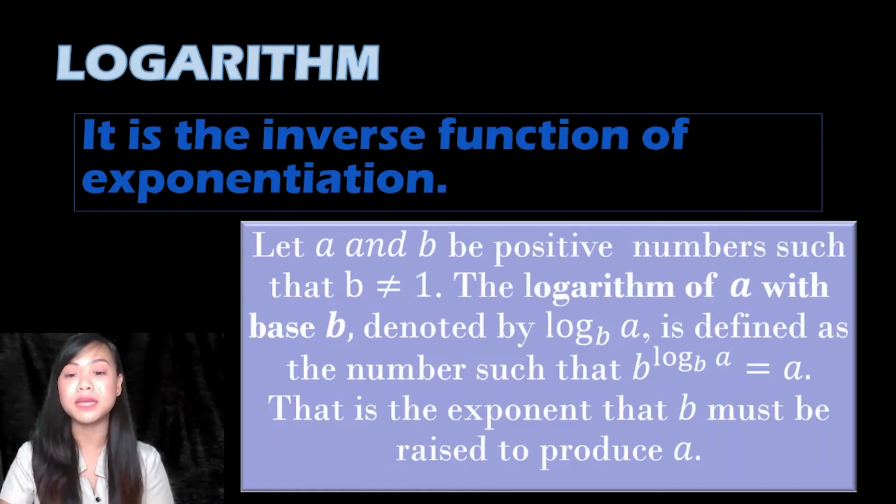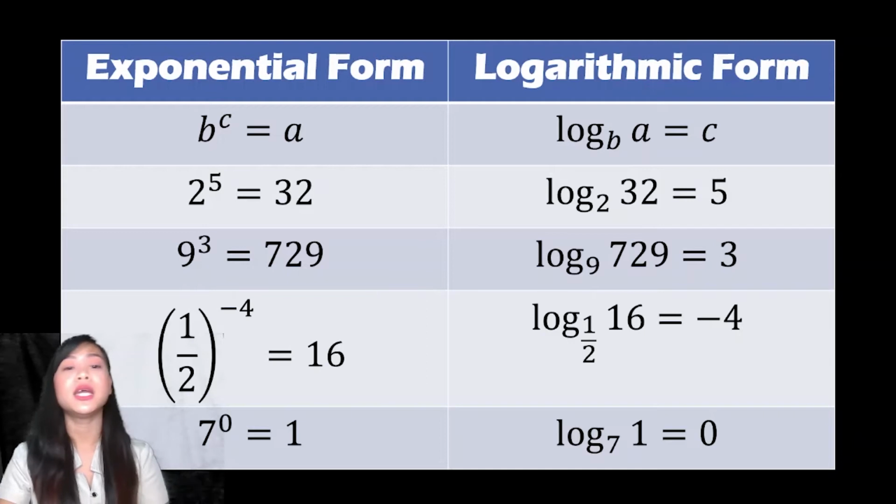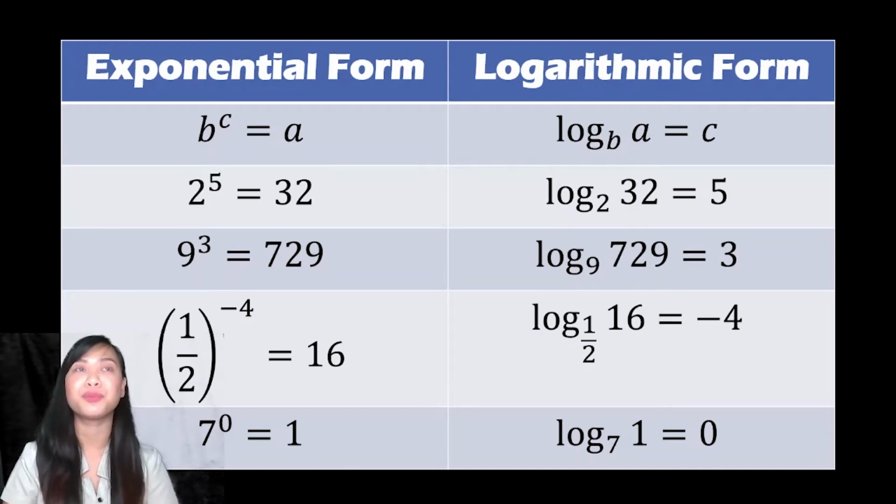This means that if we raise the base to the logarithm as the exponent, the answer will be the power, or A. Here we have the exponential form and the logarithmic form of expressions. The exponential form is B raised to C equals A, where B is the base and C is the exponent.